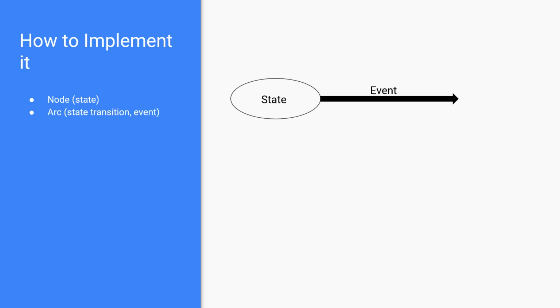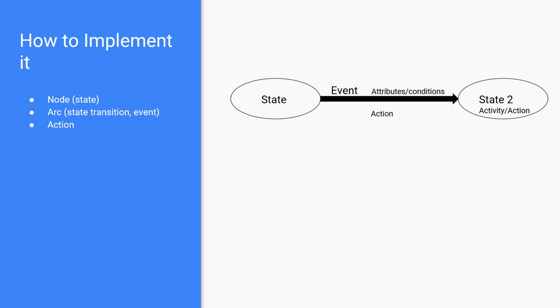Then we have here the event, the arc. The next part of this diagram is represented by an arrow that transitions from one state to another. This arc is labeled by an event. The transition is triggered if an occurrence in the outside world matches the event labeled on the transition arc.